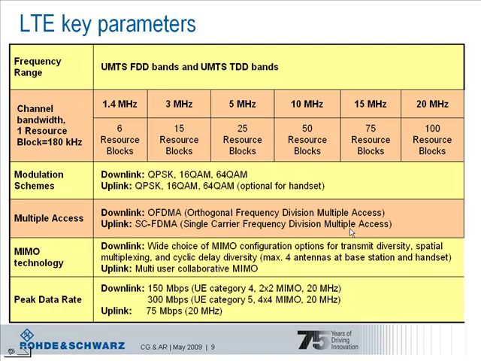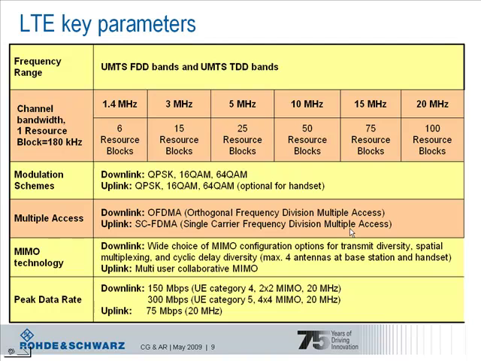LTE supports the MIMO technology. MIMO, multiple input, multiple output antenna technology, is very essential for LTE in order to support the high data rate and throughput requirements. In downlink, a wide choice of MIMO configurations is possible for LTE, and different MIMO modes are supported.